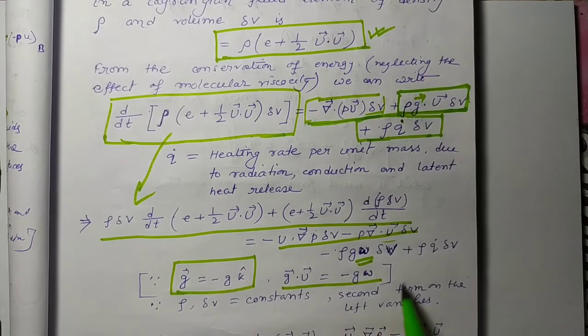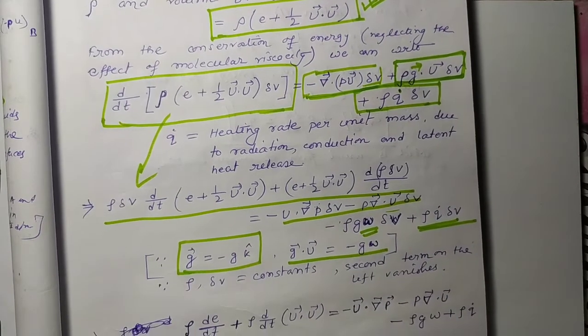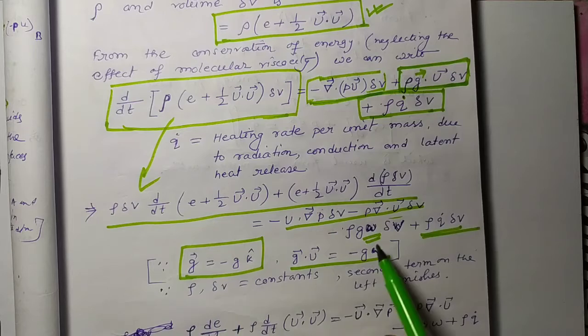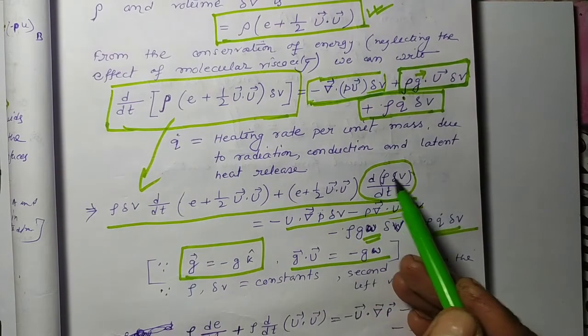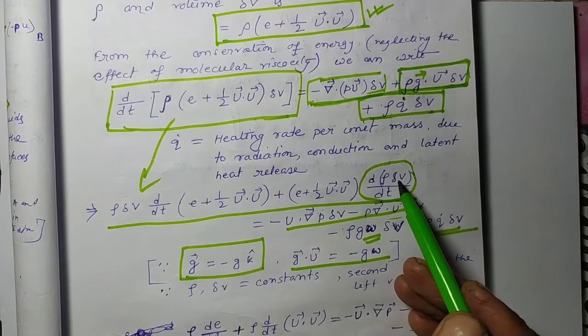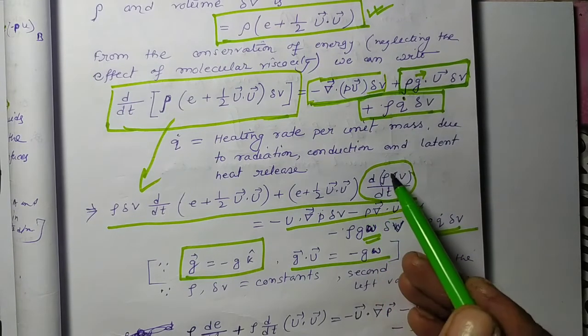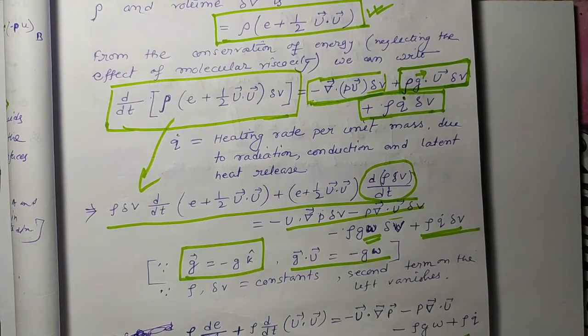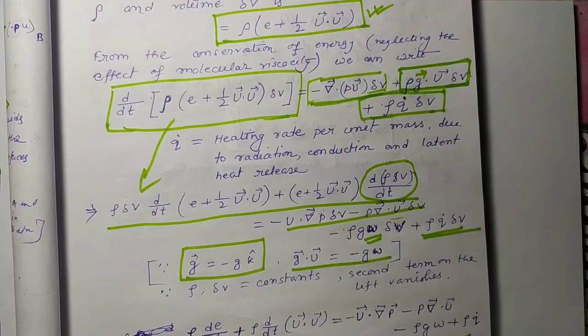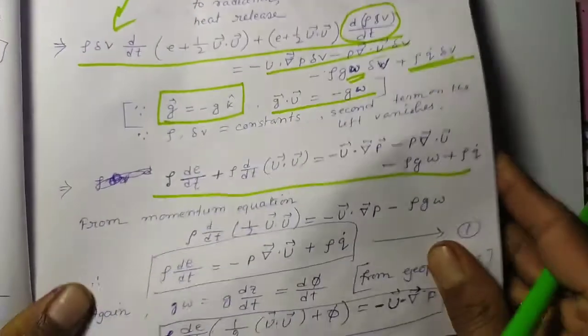The last term is the same. Now simplifying this, another thing is that rho and delta V are both constant, so that part will vanish. Now the left part will be this one.